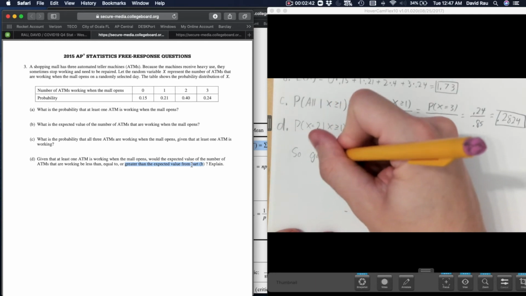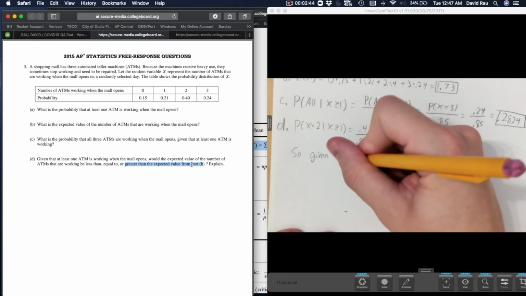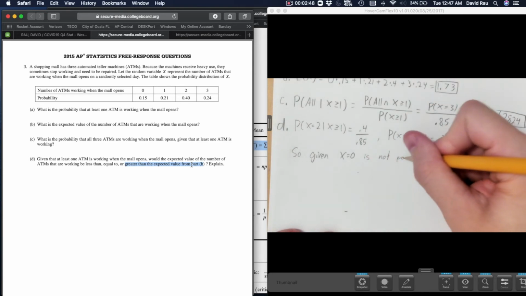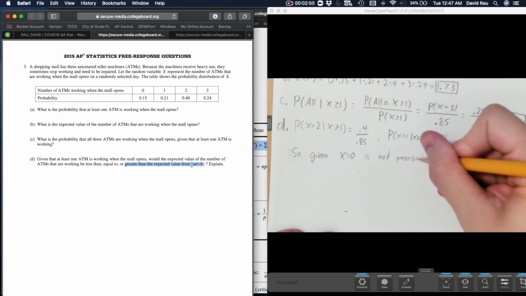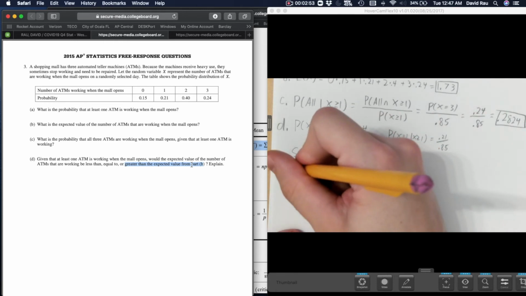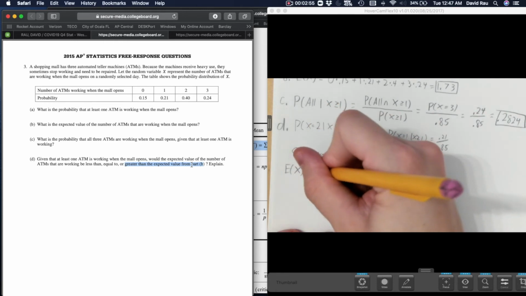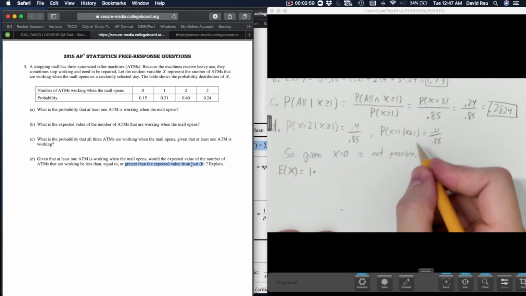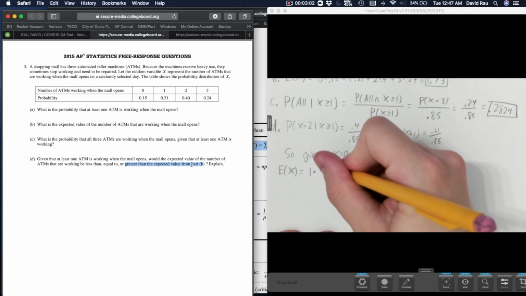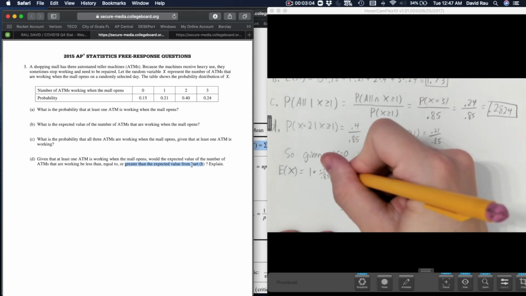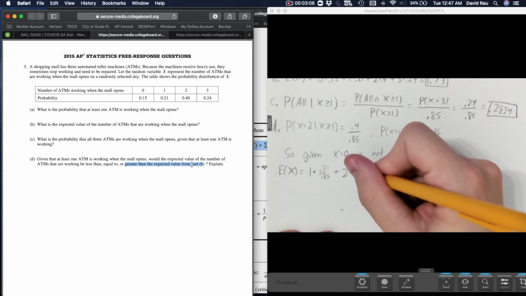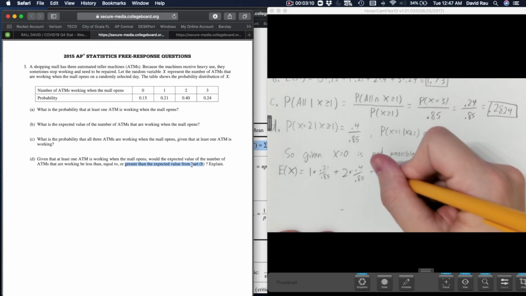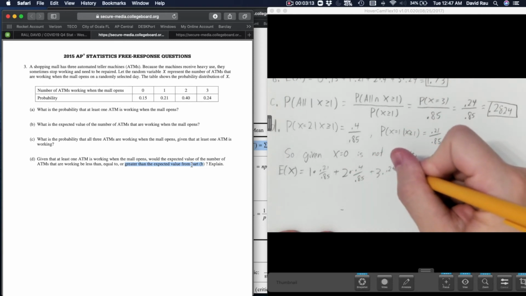So given x equals 0 is not possible, the expectation of x is now, well, 1 times its associated probability. So I'm going to write 0.21 over 0.85 plus 2 times its probability plus 3 times its probability.